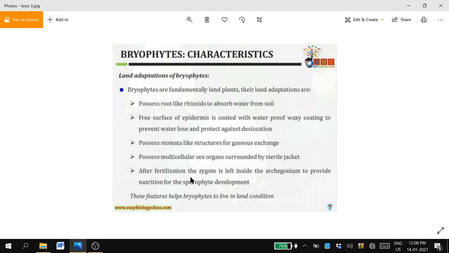So after fertilization, the zygote remains inside the archegonium to provide nutrition for sporophytic development. These are some of the features that help bryophytic plants to live in terrestrial conditions.